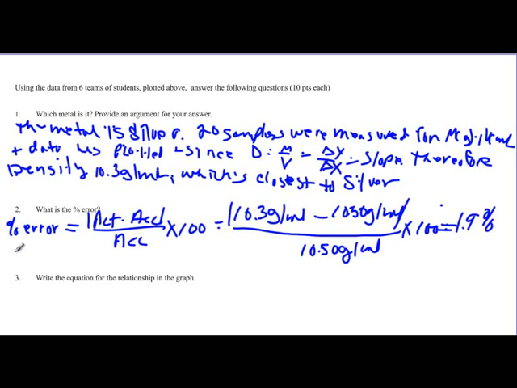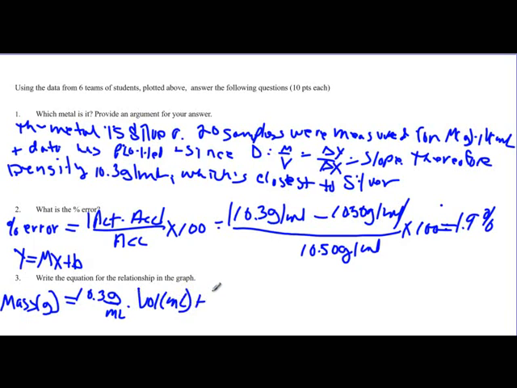Now, what we know is the general form for a line is y equals mx plus b. So remember we said in chem, we know what y is, and y, in our case, is the mass in grams, which is equal to my slope, which I already calculated, 10.3 grams per milliliter times my x, which in our case is volume in milliliters, plus b.